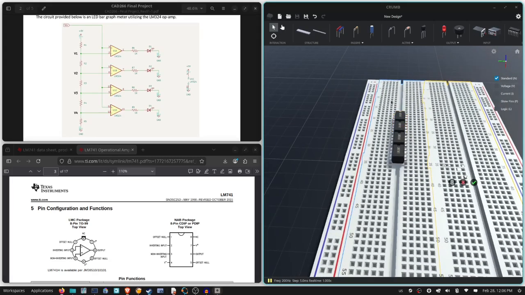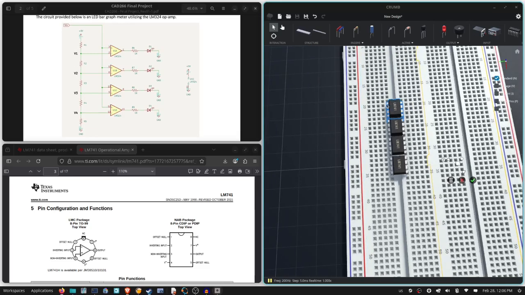You can see that the dimples are up, so we know that pin 1 is the topmost left pin, and we count up going counterclockwise for each. And here I have the pin configuration and functions for our op amp LM741.